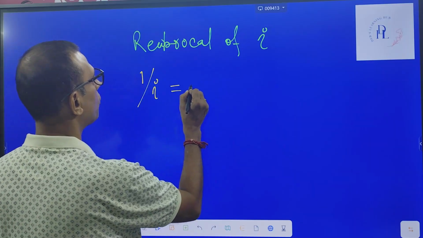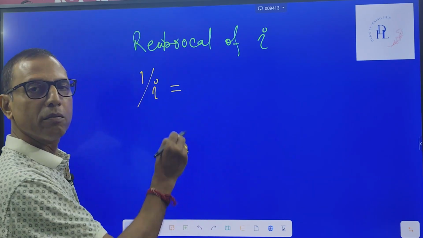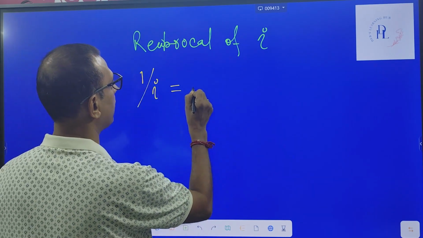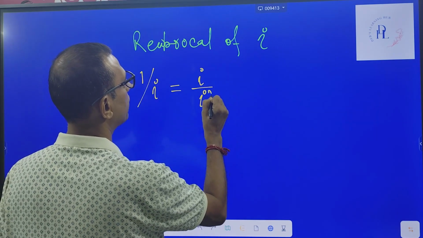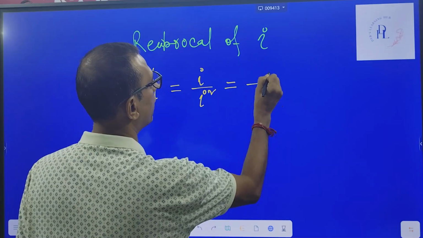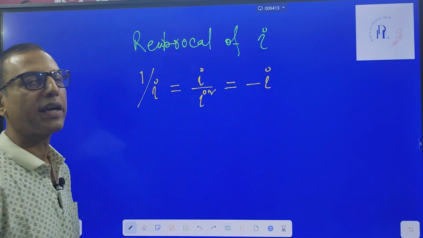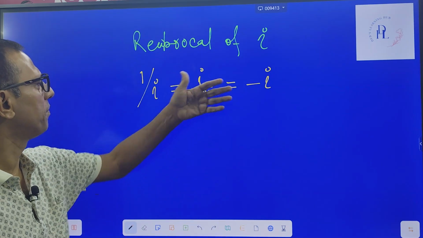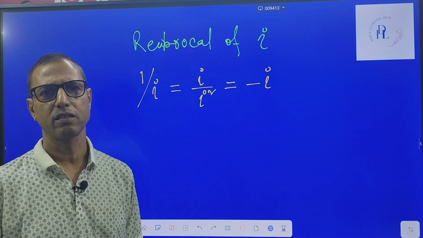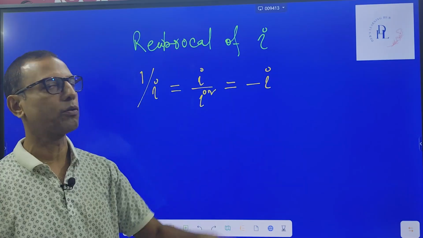So 1 by i, if I multiply both numerator and denominator with i, then what will happen? i by i square. i square equals minus 1, so it is minus i. So the reciprocal of i equals minus i. You don't need to remember this, you just need to understand it. So 1 by i equals minus i.